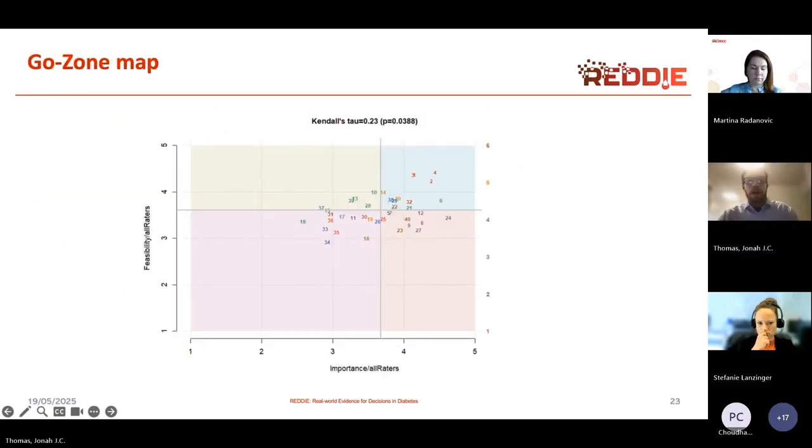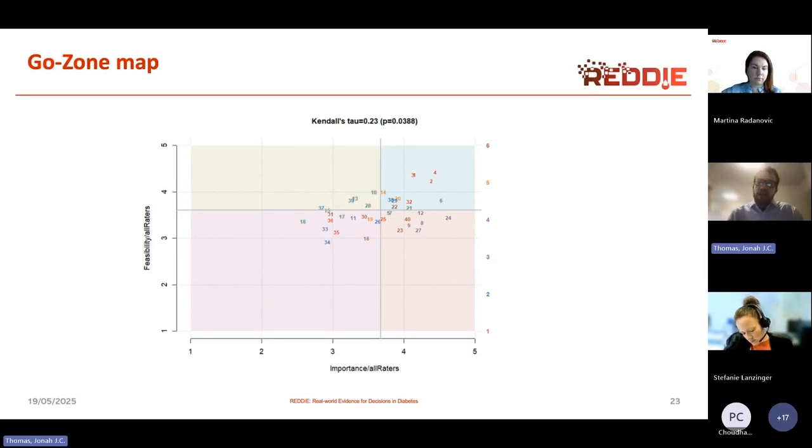And this is sort of the key takeaway message from our results, which is called a go zone map. So along the x-axis, we have the average importance from all the raters for each statement. And on the y-axis, we have the average feasibility from all raters. And then you can see this graph separates into 4 color-coded squares. So in the bottom left, the pink square, we can see statements that weren't rated very important or very feasible to collect.